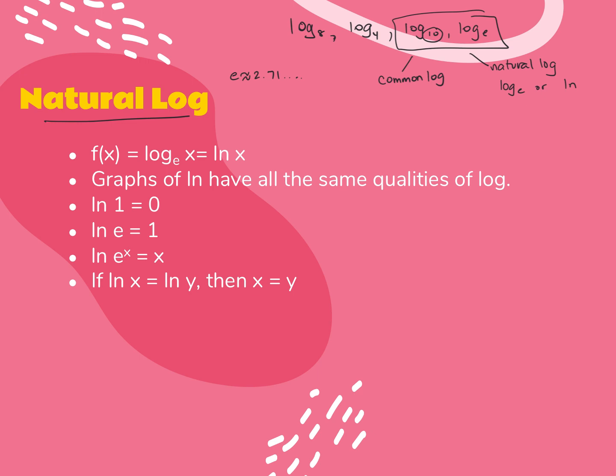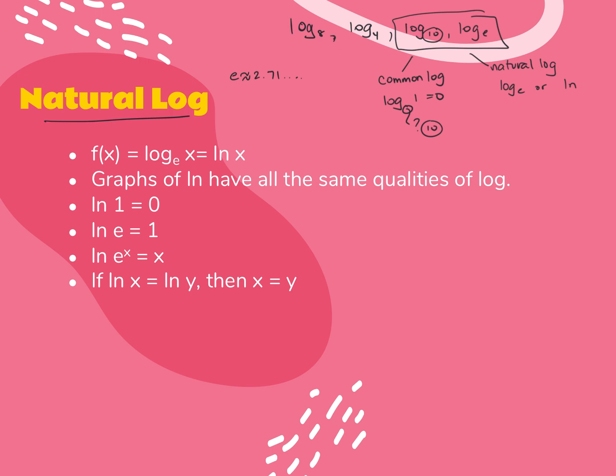So when the base is 10, sometimes we'll do like log 1 equals 0 or something like that, and you don't see a base there. Well, when you don't see a base, it's 10. That is going to be the default. So log base 10 is the default. When you don't see a base, you know that it's 10. I'm telling you that it's 10, and it's known as the common log.